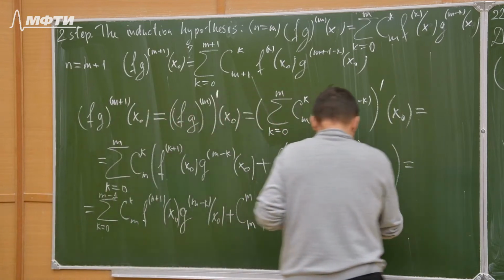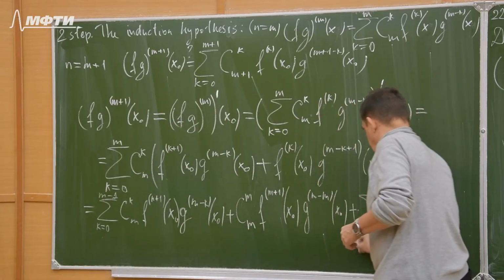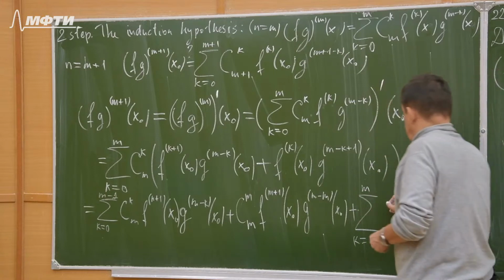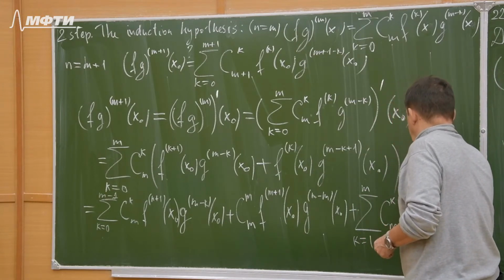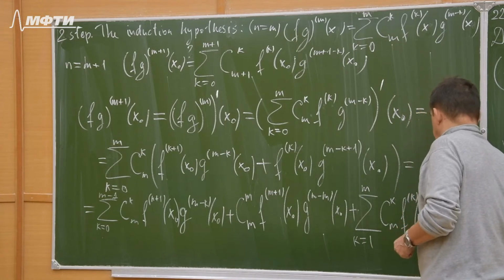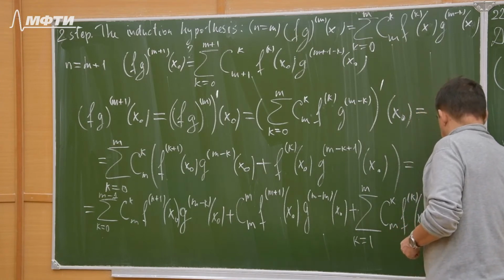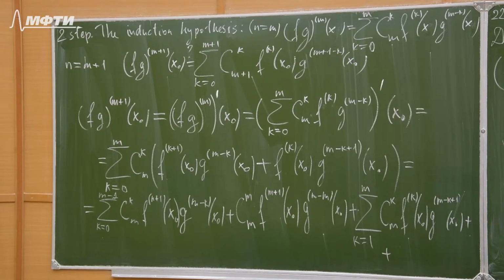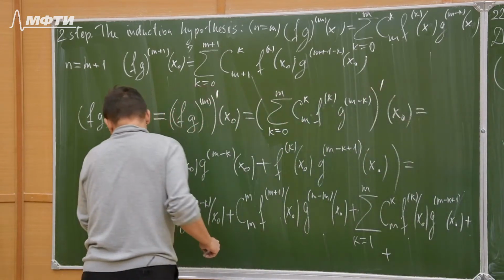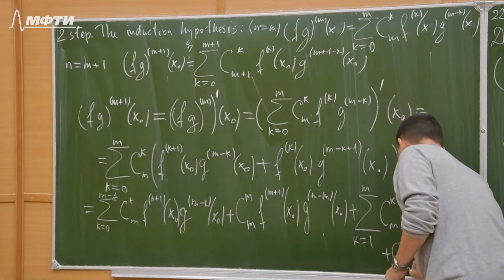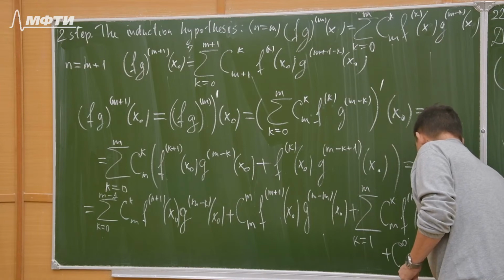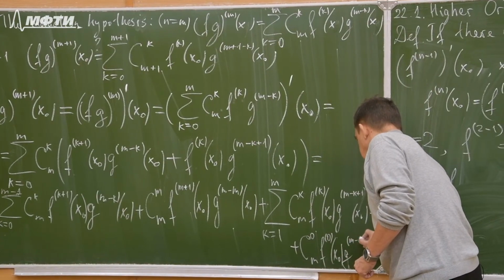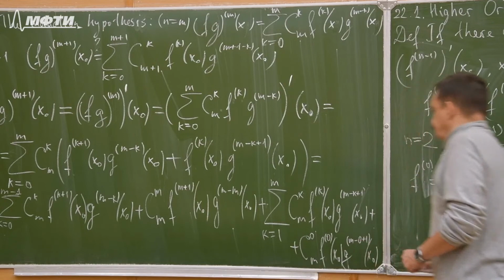So it means the main body contains terms k from 1 up to m, C(m,k) f^(k)(x0) g^(m-k+1)(x0), plus the first term with k equals to 0, and that is C(m,0) f^(0)(x0) g^(m-0+1)(x0).